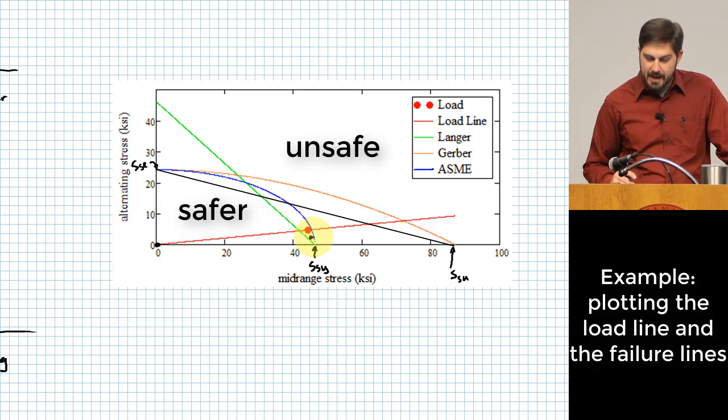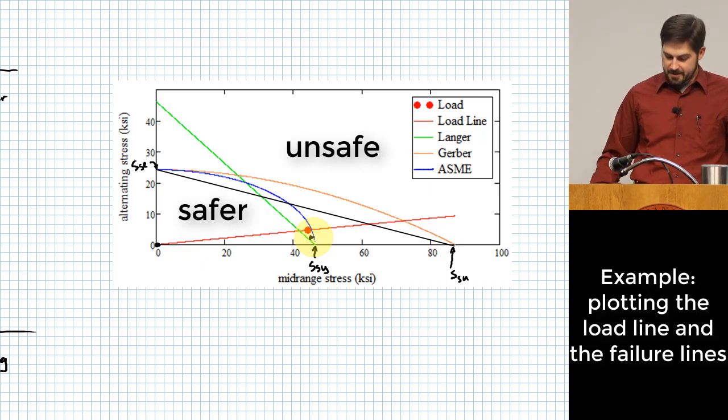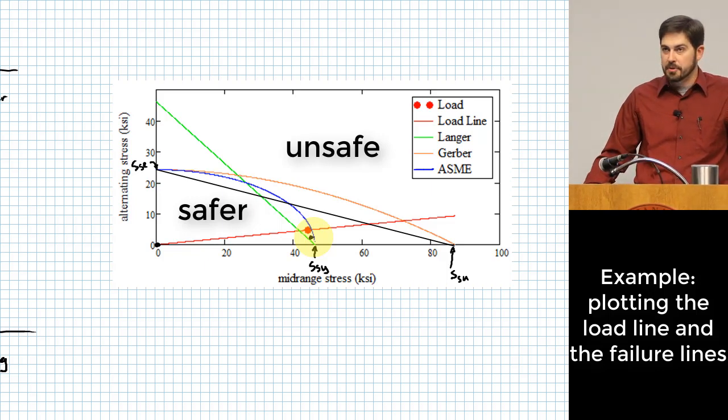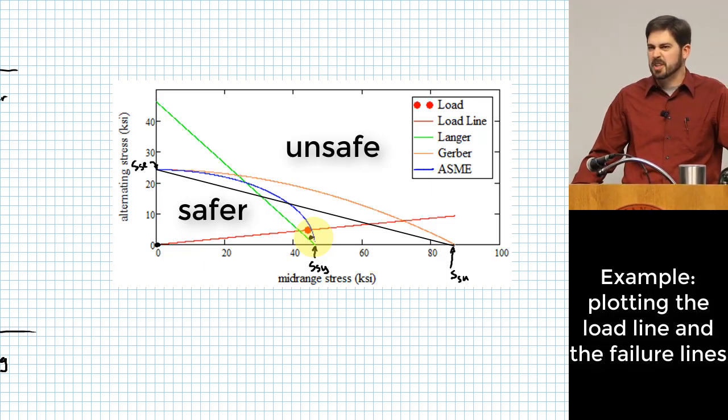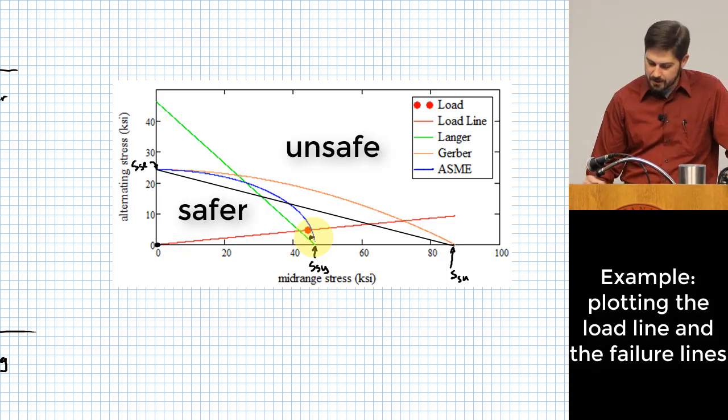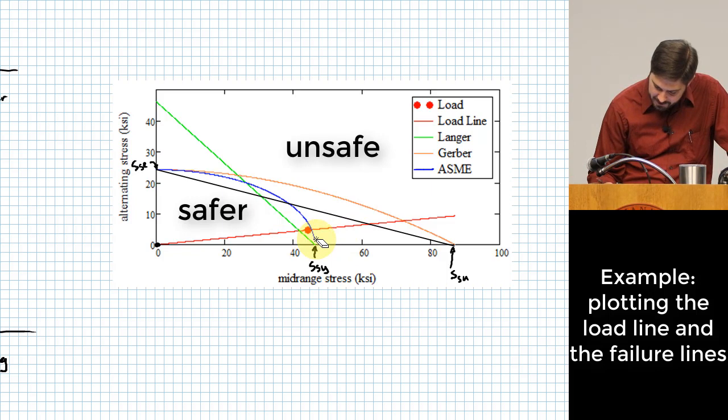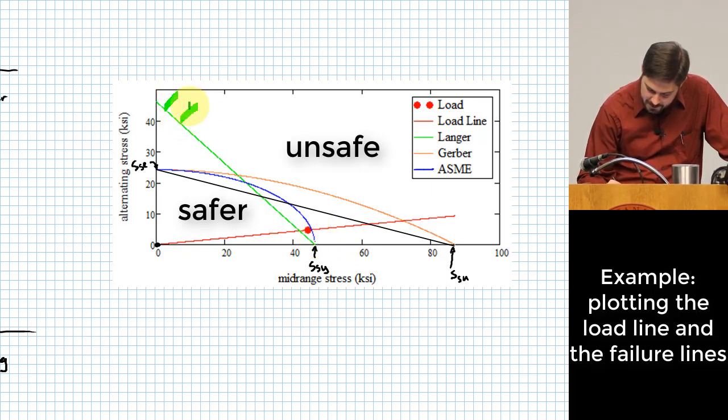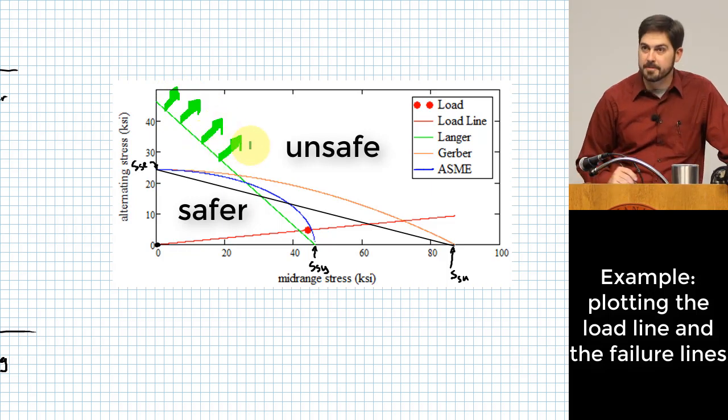You're right at that point that I drew right there. That would also predict that you would yield by a little bit. Basically, you're right outside of the range where you would have yielded. So think of this green line, and anything that goes this way from the green line is unsafe.